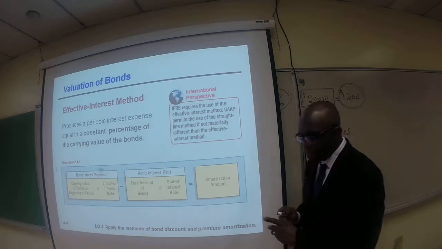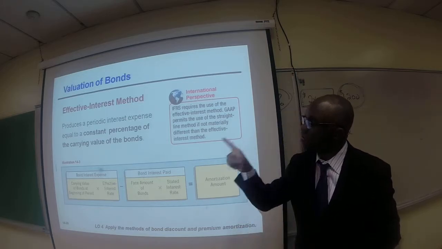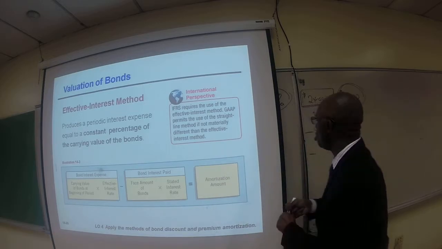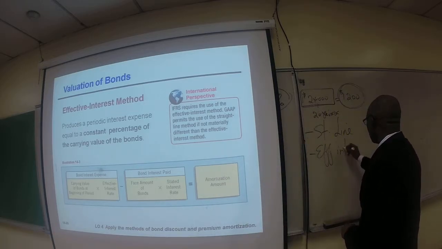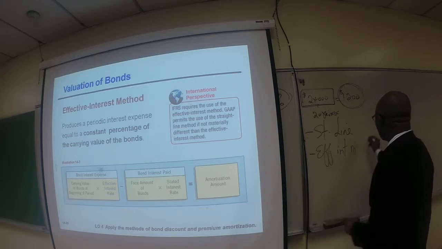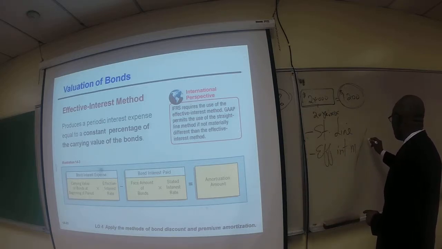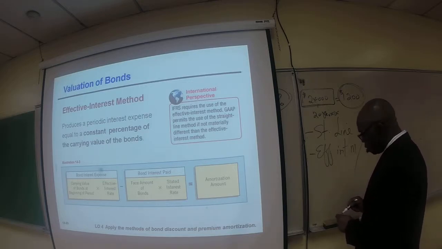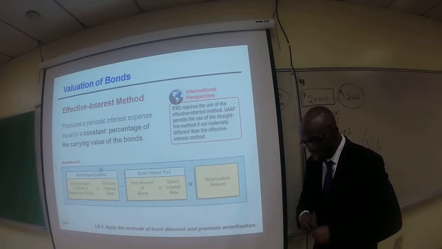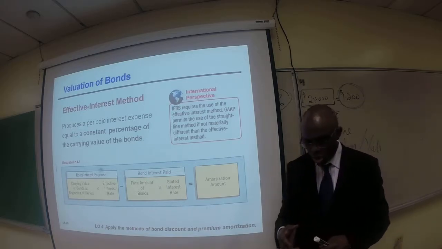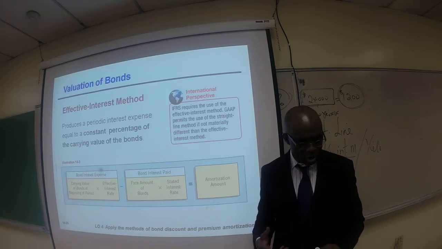Now, a better method is the effective interest method. We also call it the yield method. The effective interest method takes into account the present value, or the time value of money.